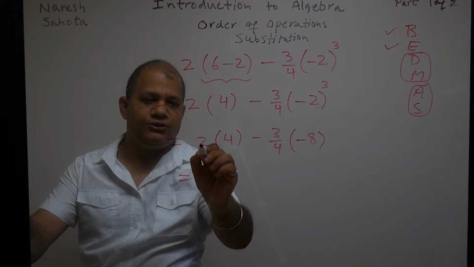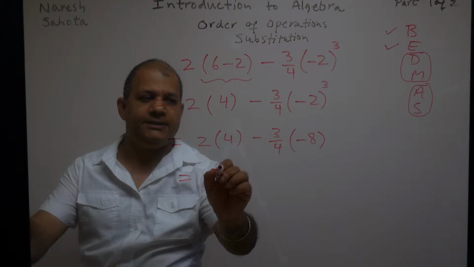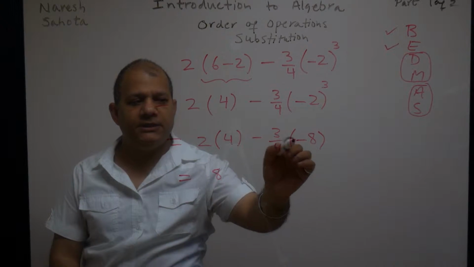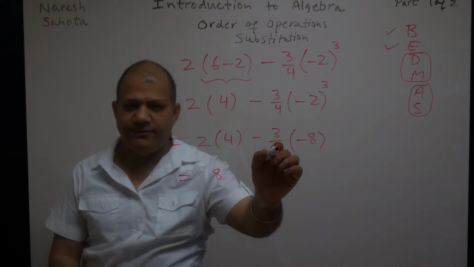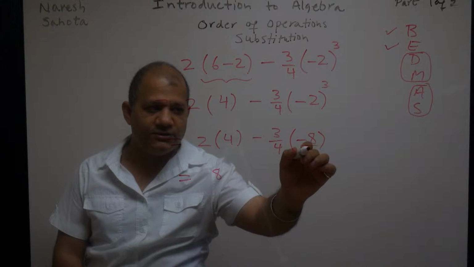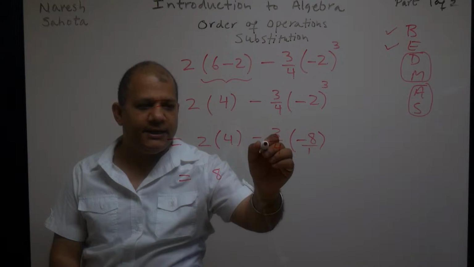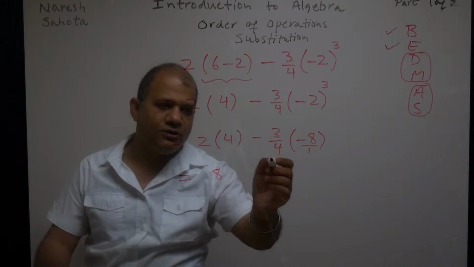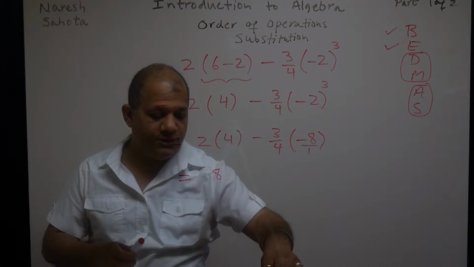What's 2 times 4? That's 8. And now here I've got multiplication and I also have division, because of 8 divided by 4. I could write this as a fraction, negative 8 over 1, and I can reduce. So let's actually reduce.